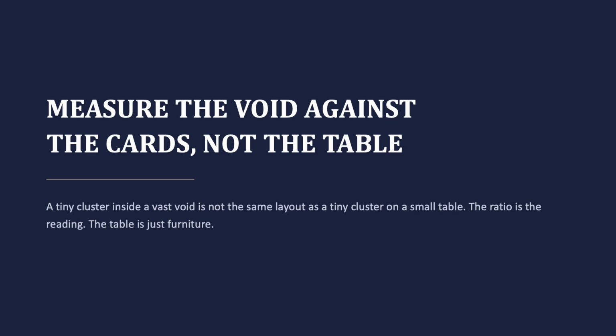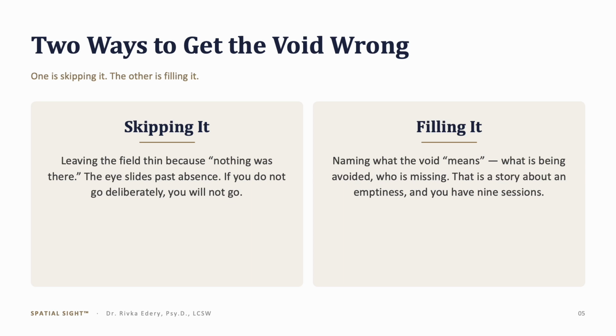And comparable across sessions is the only thing that has ever mattered here, because in phase 2, you will be laying these maps side by side, and a measurement that depends on where you happen to sit at the table will compare to nothing at all. 2 ways to get today wrong, and they will feel very different from the inside. The first is skipping it, leaving the field thin because nothing was there.